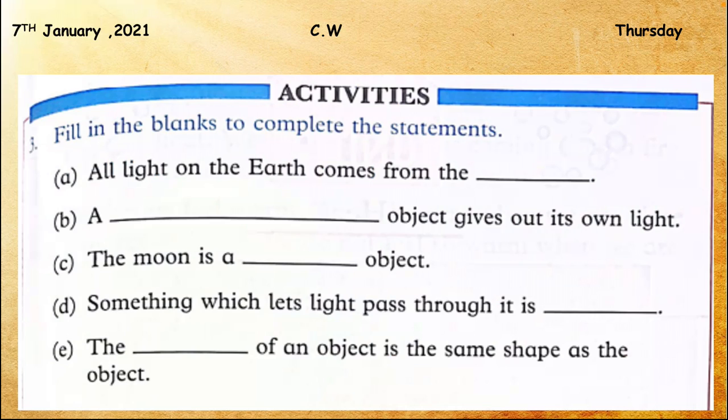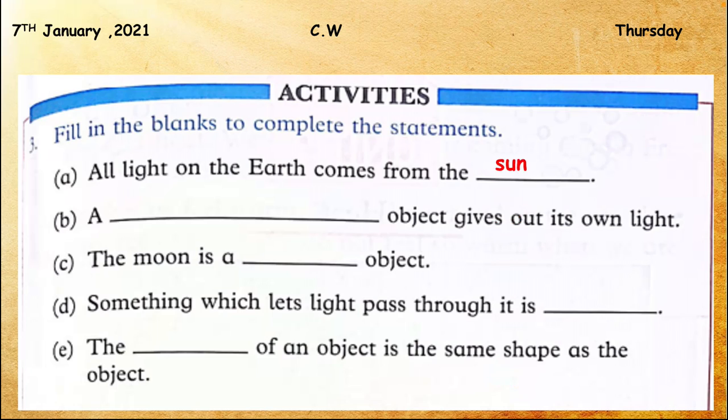It blocks the light and makes a shadow. The ball is not transparent, not translucent. It is opaque. Kindly mark these and fill this table.